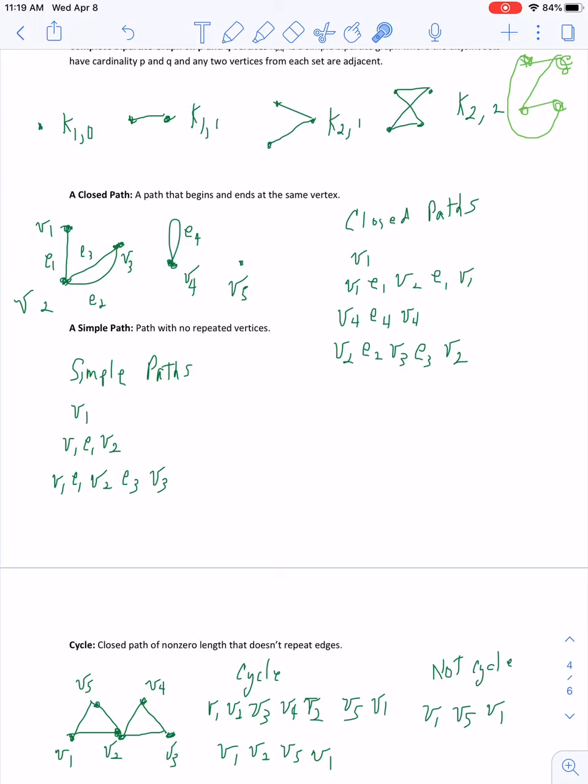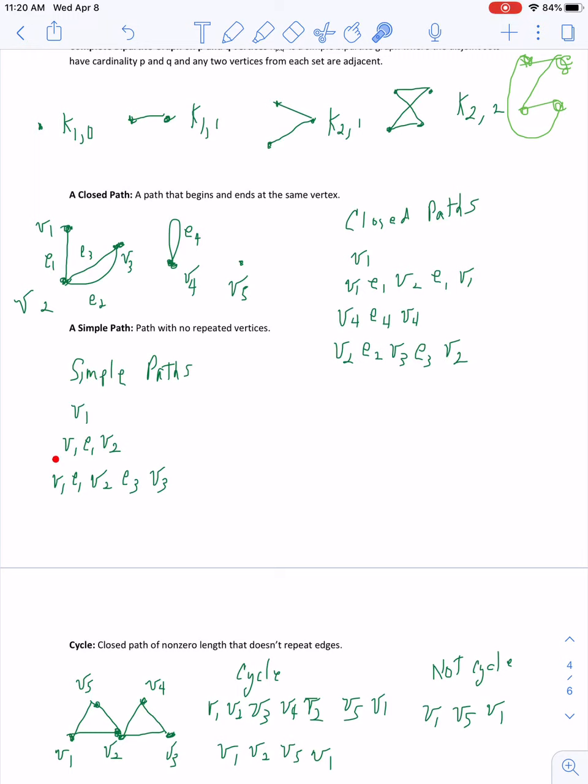What are some examples of simple paths? Looking at the same graph, V1 is a simple path. Why? Because I never leave V1. So V1 actually is a simple path, and it's also a closed path. But all the other ones here are not simple paths, because I start at V1 and go back to V1, so I repeat a vertex.